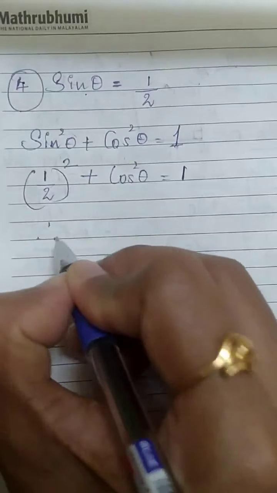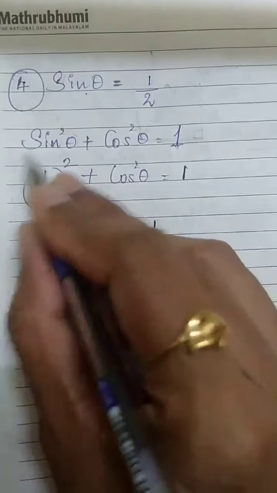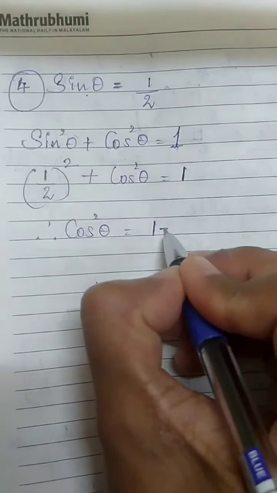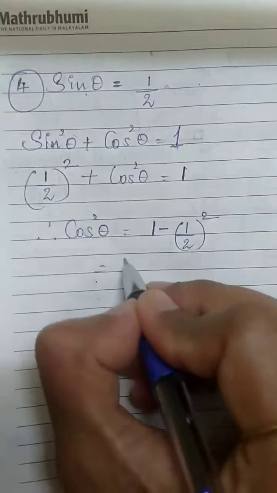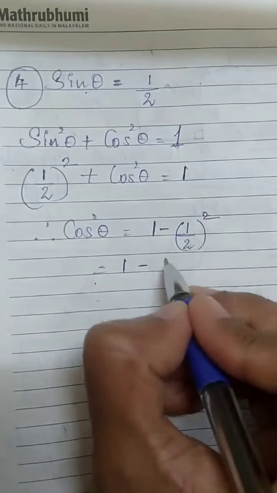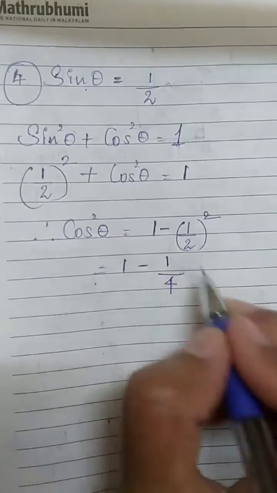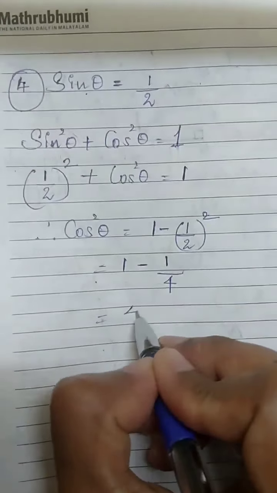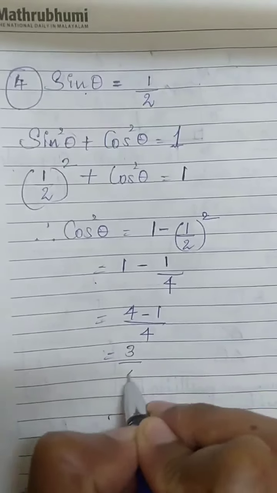Now cos square theta is equal to 1 minus 1 upon 2 the whole square. This part we take to the other side. So 1 minus, 1 square is 1, 2 square is 4. Solve this: 4 ones are 4 minus 1 upon 4, which is equal to 3 upon 4.